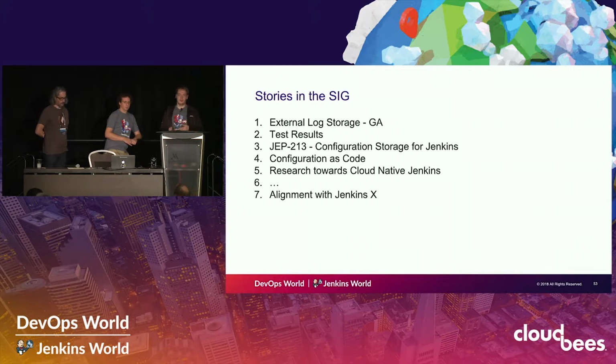We need to finish them in order to make the plugin generally available in update centers. There are test results and configuration storage, which is also a work in progress. Then in the SIG, we also work together on configuration as code with the JCasC team. And we will continue our research towards cloud-native Jenkins. And of course, there will be a lot of alignment with the JenkinsX and Jenkins Evergreen teams, which also work towards the same direction.